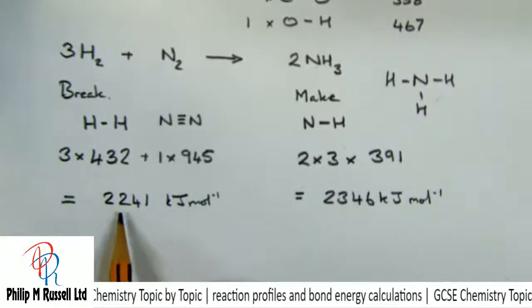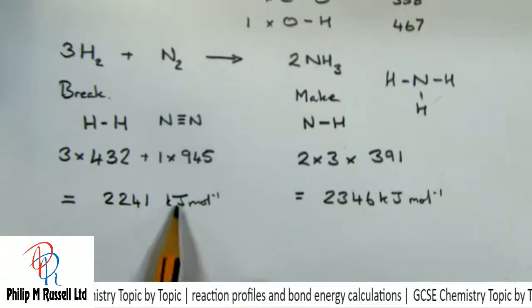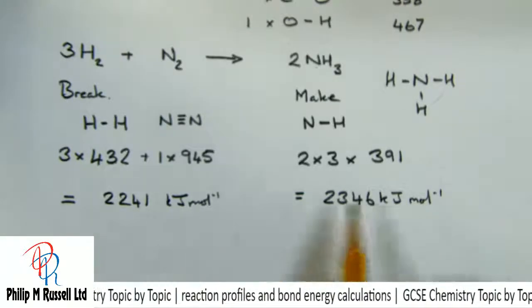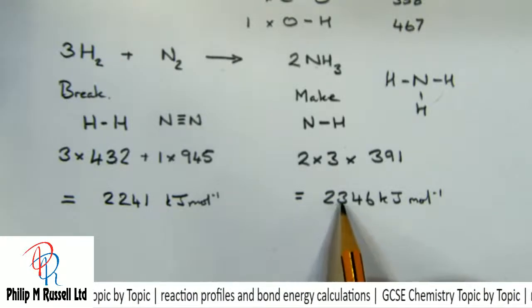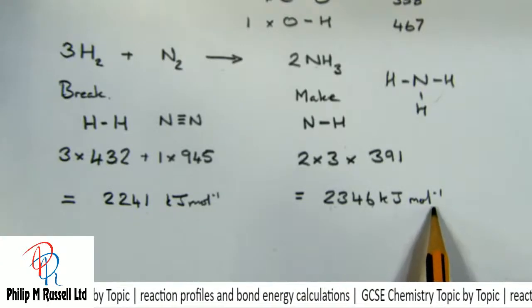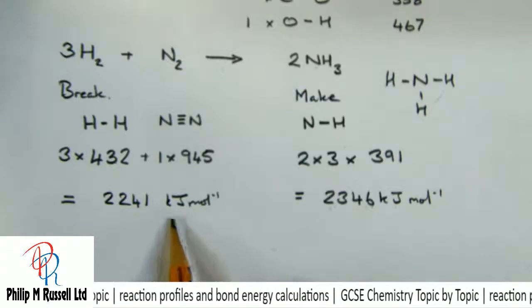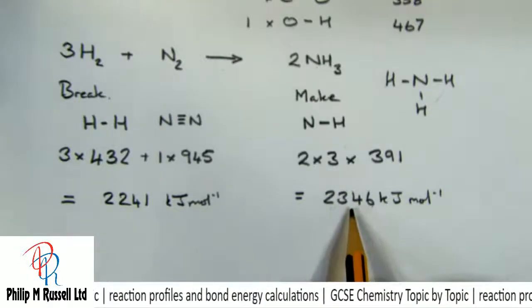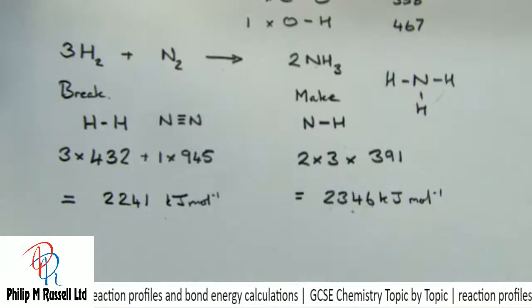So I've put in 2241 kilojoules for every mole, and I get out 2346 kilojoules per mole. So we're getting out more energy than we put in.